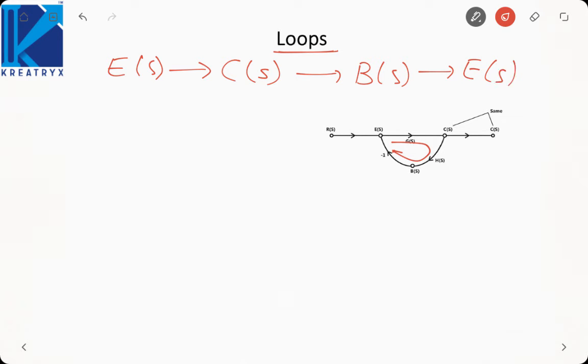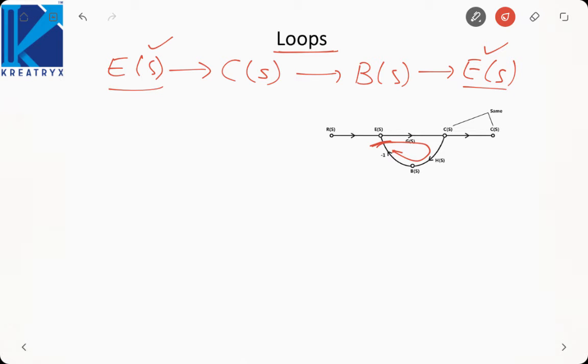So do not think that we are traveling ES more than once. ES is the initial and the ending point. So we will end here. We will not cross the ES node again. We will end before ES. It is just to show that the initiating and the terminating points are the same. I have written ES again, but the loop will end before ES. So a loop is something which has both initial and terminating points the same.